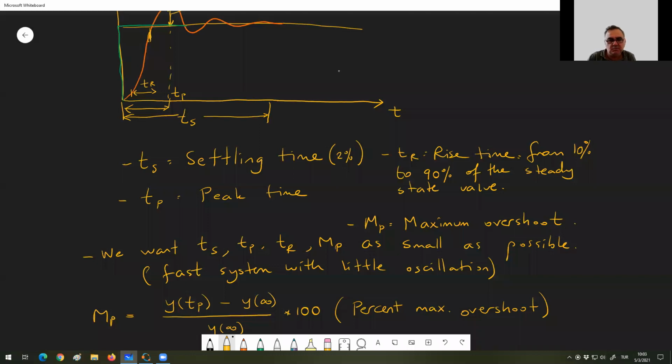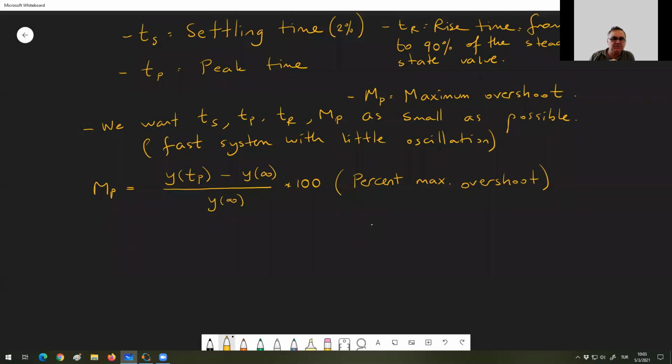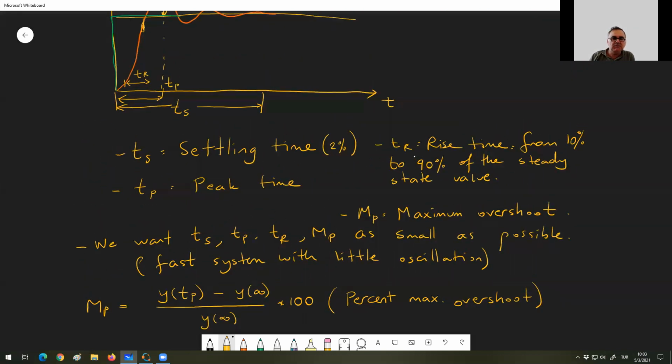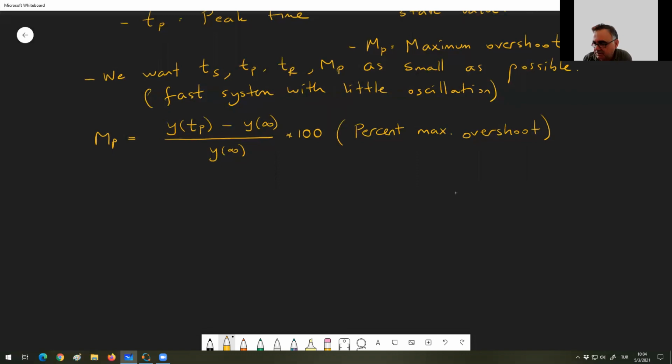That is, you can have a high order system and still we can define these parameters. For example, you can say, I want a system that settles in 2 seconds and has a maximum overshoot of 10%, for example. So the specification might be something like this.